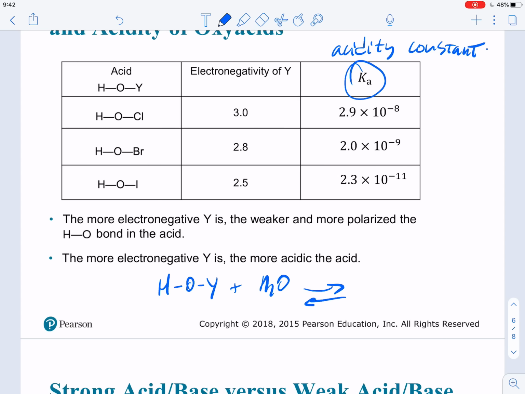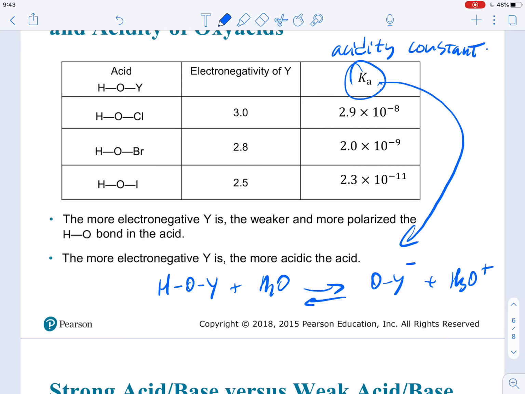This is an equilibrium reaction, and what we are looking at is OY minus plus H3O plus. That is your equilibrium reaction. And since we have already worked with equilibrium constants, that's what Ka describes, that equilibrium.